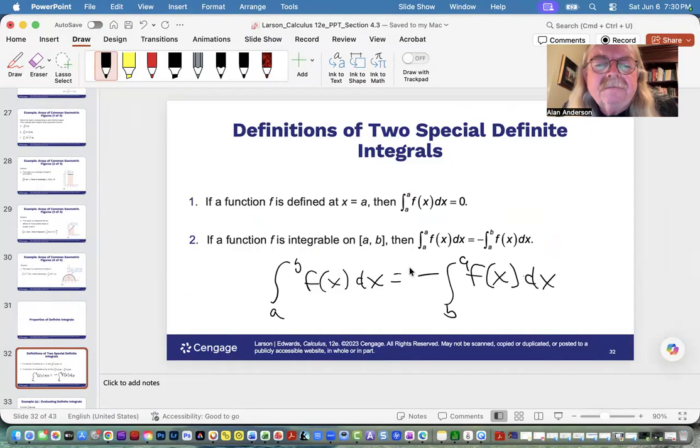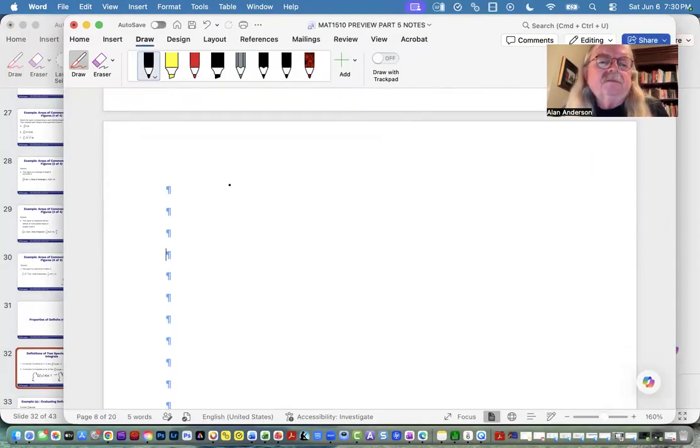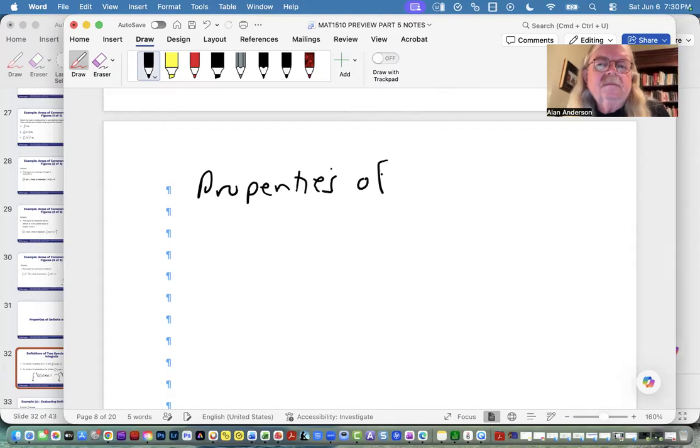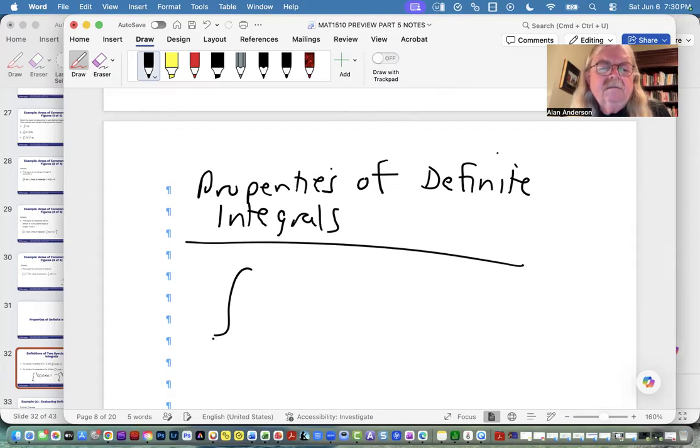As a starter, imagine if the range of values here was a and a.